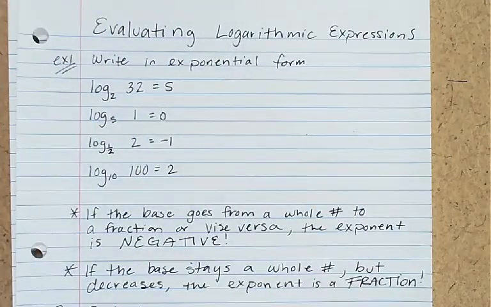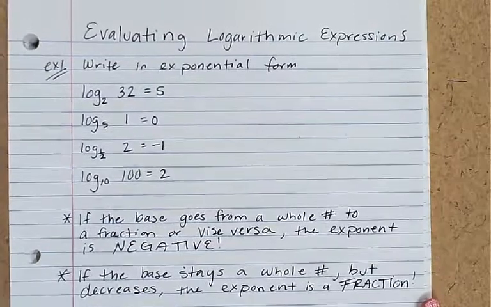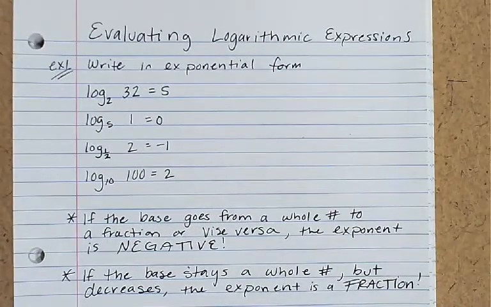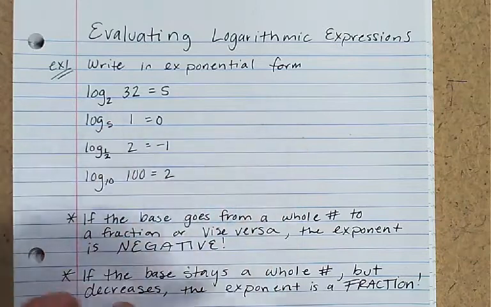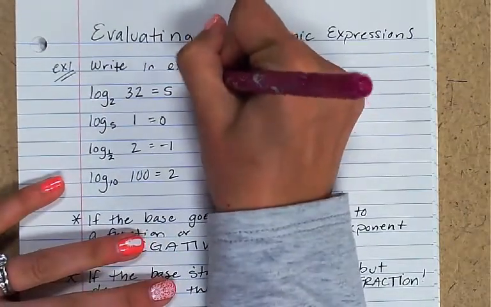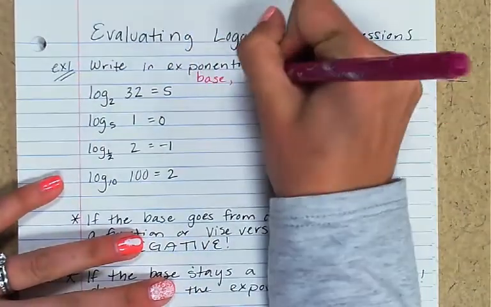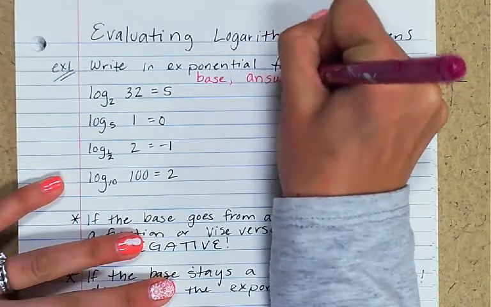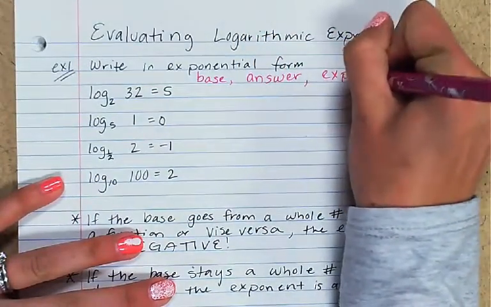So to start off, to help us get better at evaluating logarithmic expressions, we need to practice switching them from logarithmic form to exponential form. And the phrase that I always use to rewrite it in exponential form is base, answer, exponent.